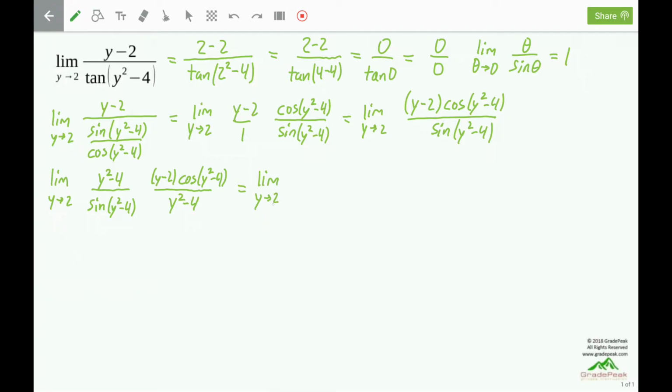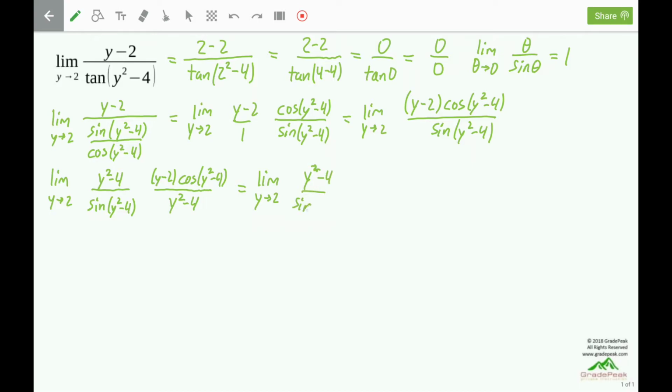What we need to do now is work with the other fraction, because the other fraction right now is actually still 0 over 0 because of power functions. The cosine of 0 is a 1, so we're not worried about the cosine, but because of this and because of this, if you plug in a 2, you will have a 0 over 0. What we need to do is factor and cancel, since those are power functions.